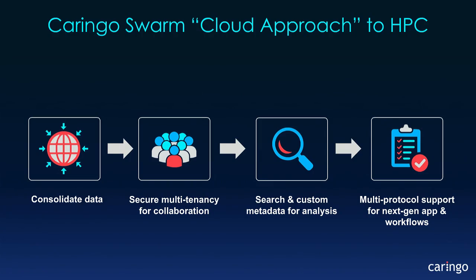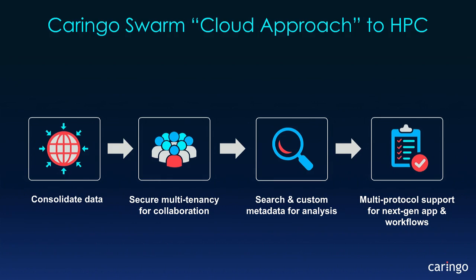Okay, which leads, of course, to our cloud approach to high performance computing. What do we mean by that when we say that? We want to be able to consolidate all of this research data in a single storage solution, and then turn around and secure that with multi-tenant features that allow for you to set up the level of collaboration that can be allowed amongst the users and groups that are participating in the system.